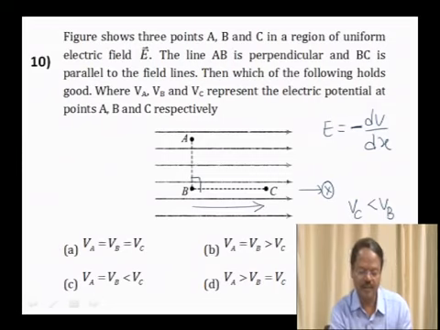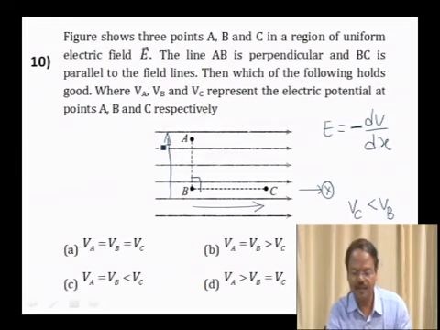And then if you go in the perpendicular direction, then potential should not change, because electric field everywhere here is same, and therefore potential should not change in this direction, and a line perpendicular to the electric field becomes an equipotential line, and therefore VA and VB should be equal.